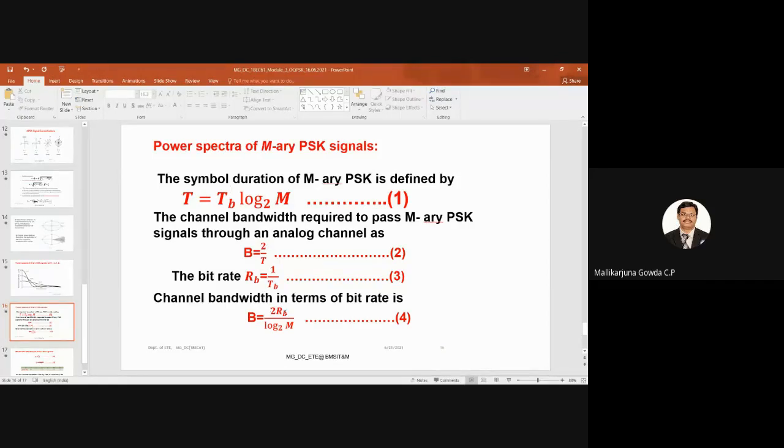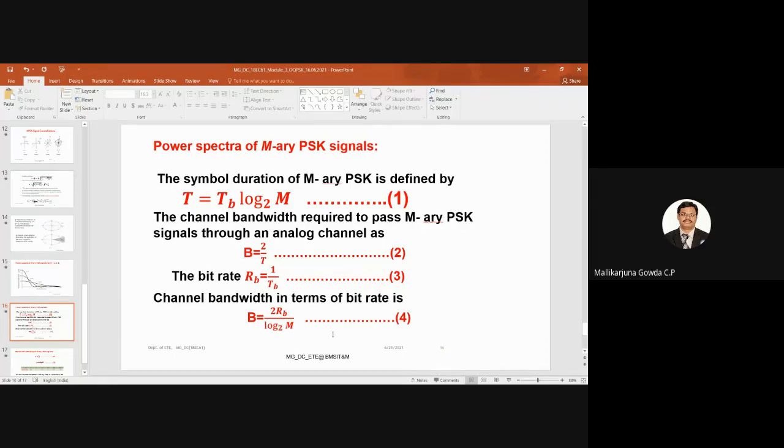That is why 2 into RB divided by log M with base 2 is the expression for the channel bandwidth of an M-ary PSK signal in terms of its bit rate. So if I know the bit rate and if I know the value of M possible signals, then I can say what bandwidth is required to transmit that particular modulation or information.